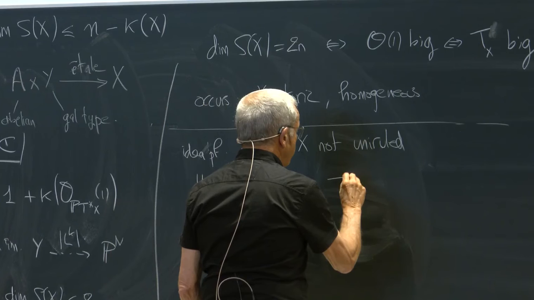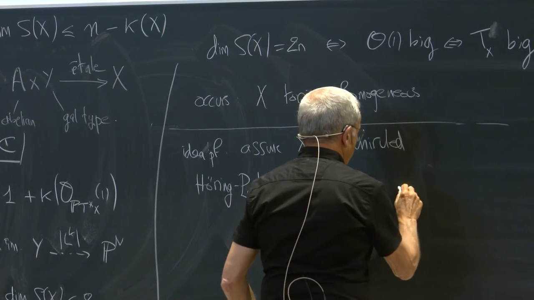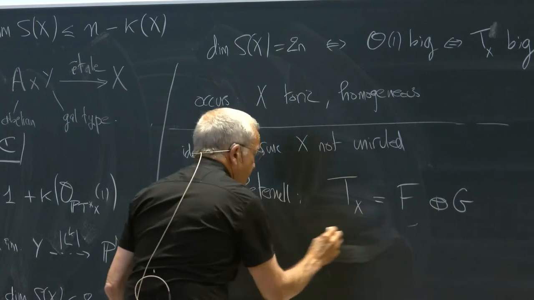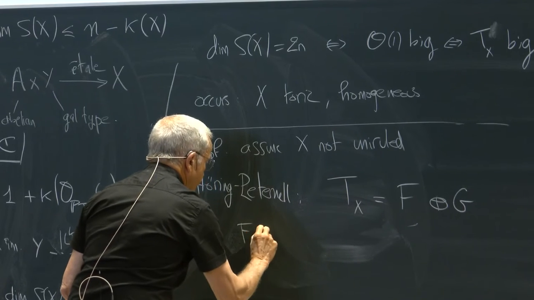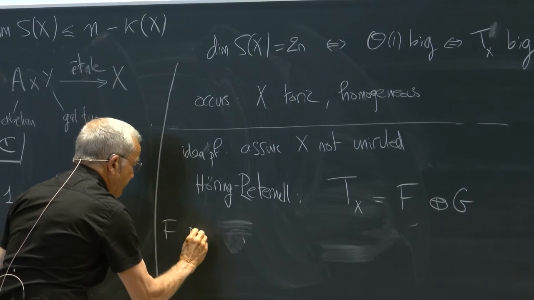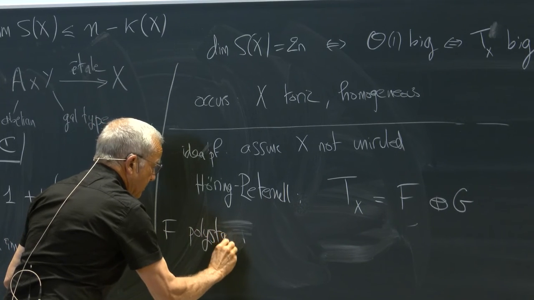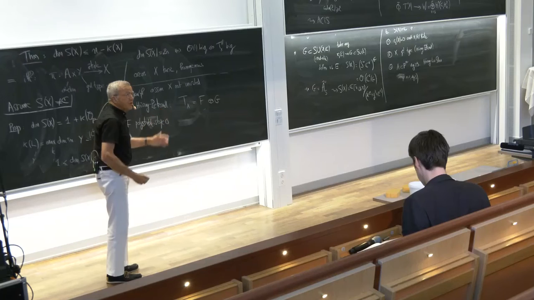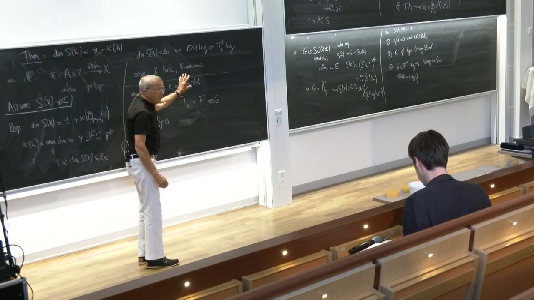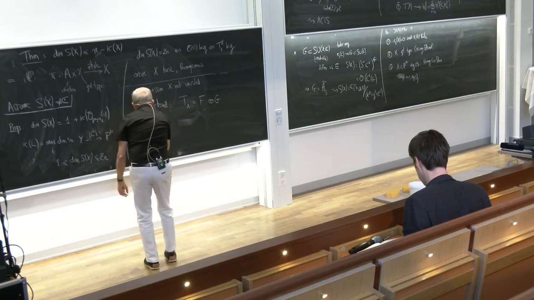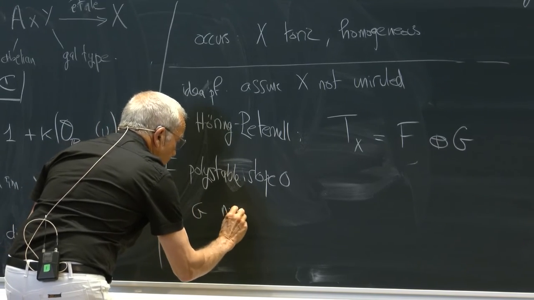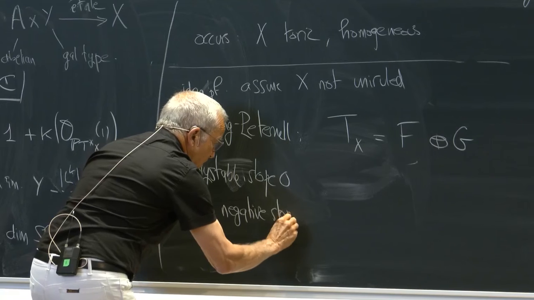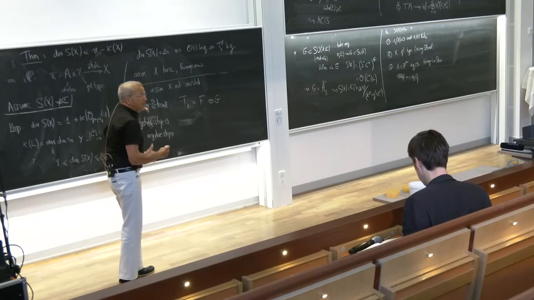The tangent bundle splits into two parts, F plus G. F is polystable with slope 0 with respect to a polarization; we pick up a polarization, but it will work with any polarization. G has negative slopes; the Harder-Narasimhan filtration of G has negative slopes.